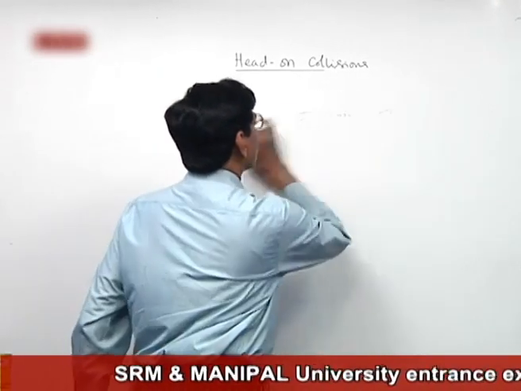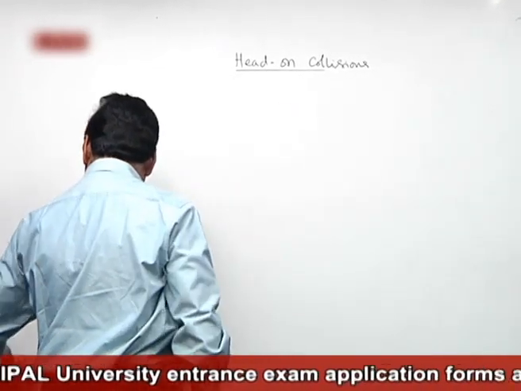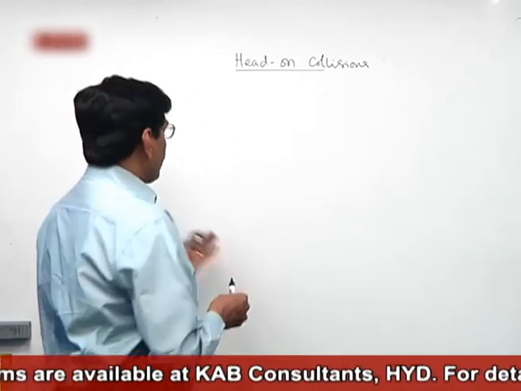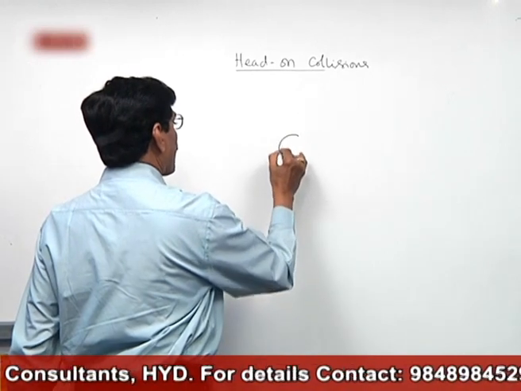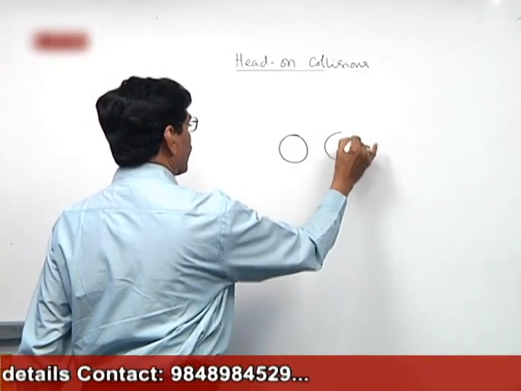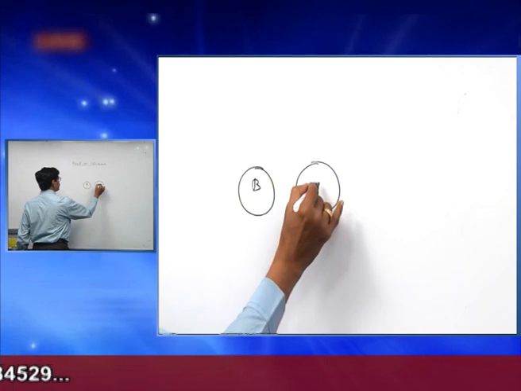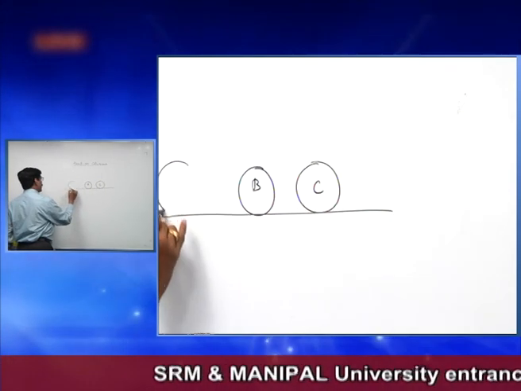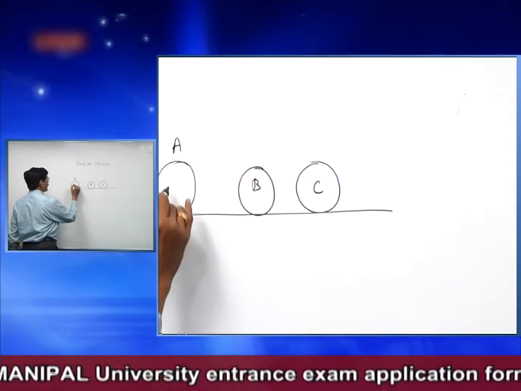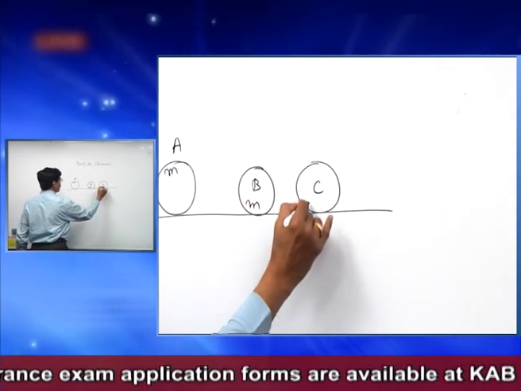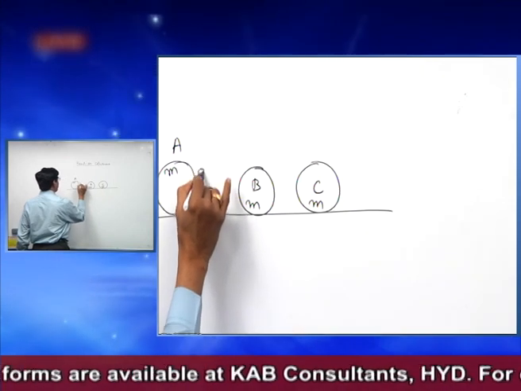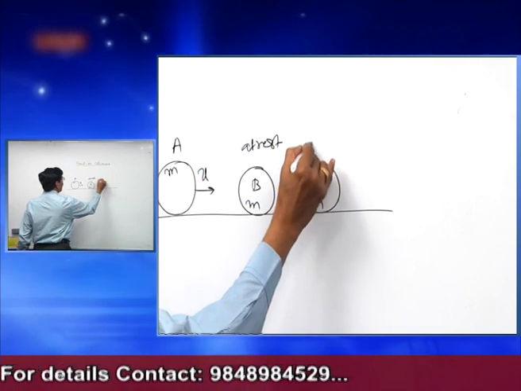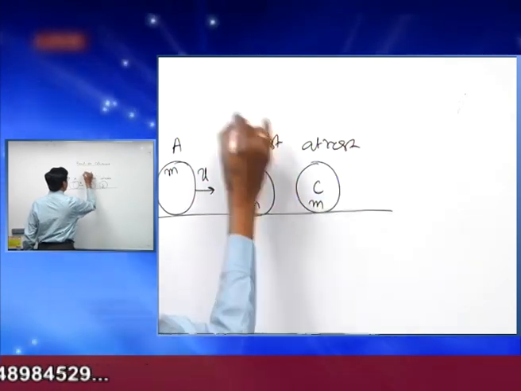Now, another simple case is based on this idea. We have three identical balls, A, B and C, each of mass M. B and C are at rest, and A is moving with a velocity u, that is before collision.